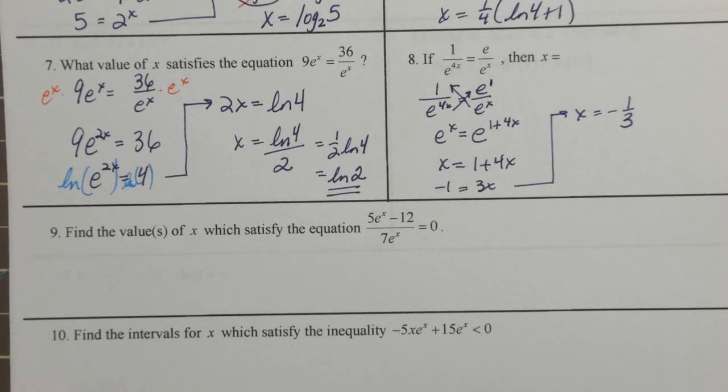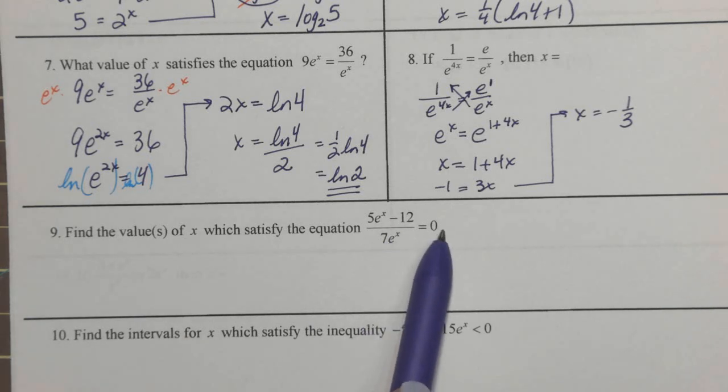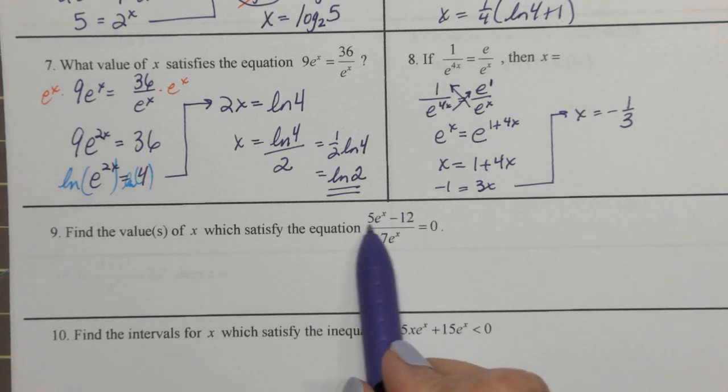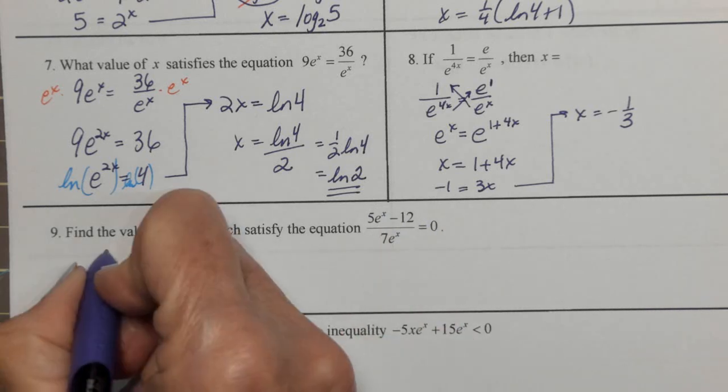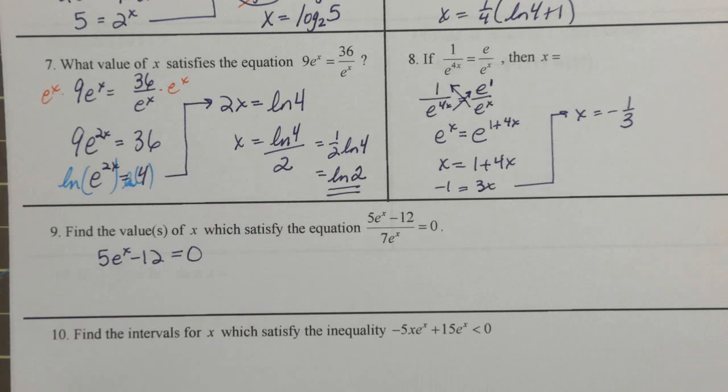Okay? Let's take a look at this one. Find the value of x which satisfies this equation. Well, I see a fraction that is equal to 0. And if I see a fraction that's equal to 0, I know that the numerator must be 0. So 5e to the x minus 12 must be 0. That bothers students sometimes.